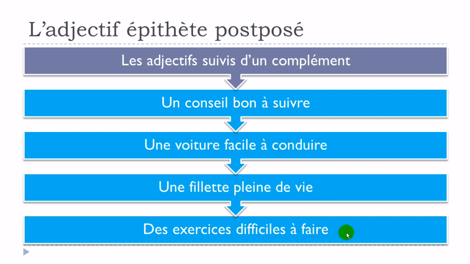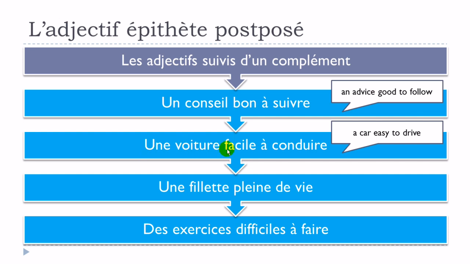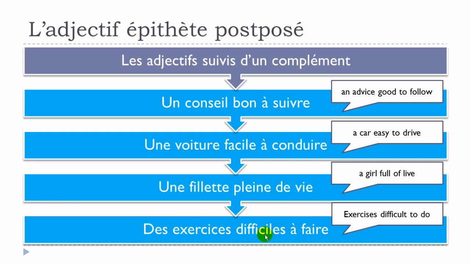But in all these cases, keep in mind that they should come definitely after the noun. Okay, so translation. Un conseil bon à suivre. Une voiture facile à conduire. Une fillette pleine de vie. Des exercices difficiles à faire.